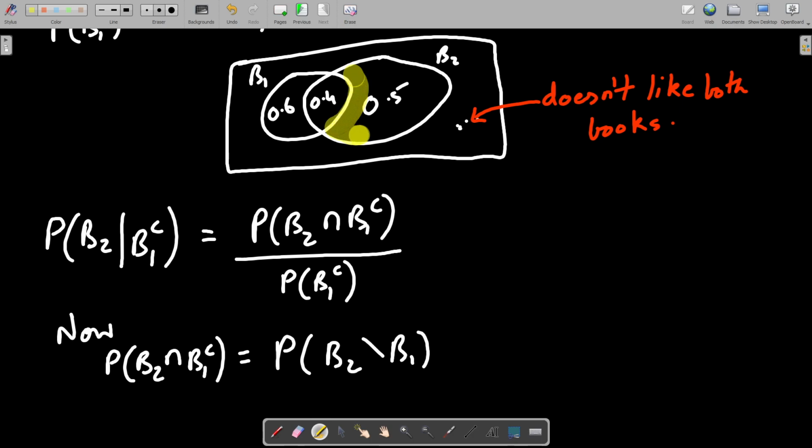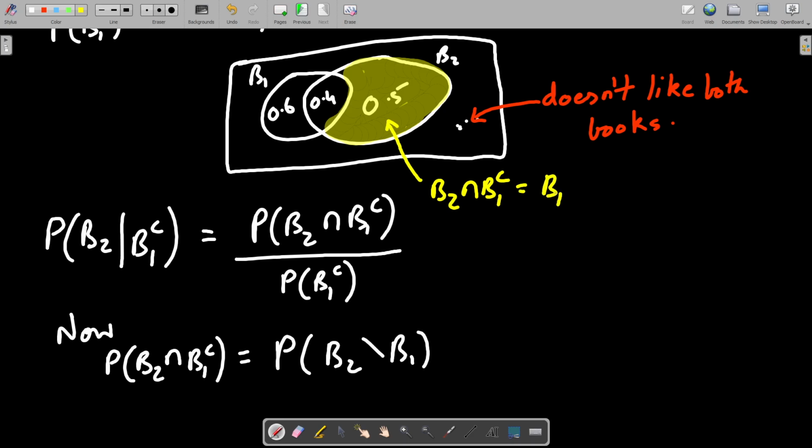So this yellow region represents what I'm looking for, right? B2 intersection B1 complement, in other words, B2 minus B1: the set of elements in B2 which does not contain any element from B1. Okay, clear?